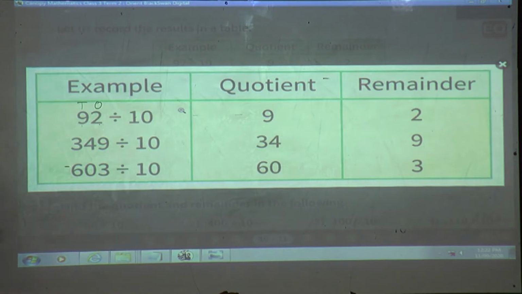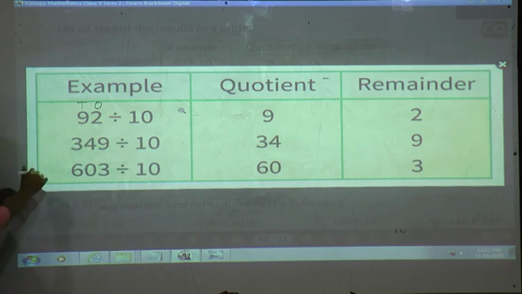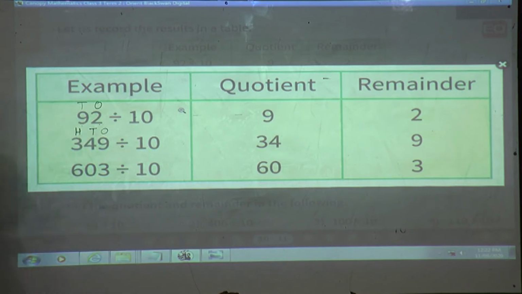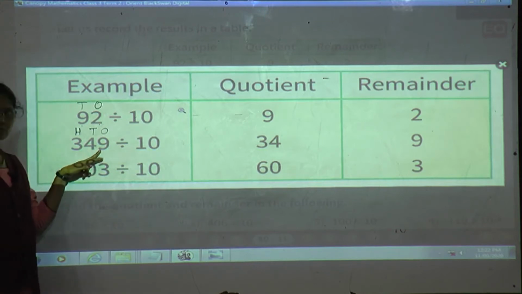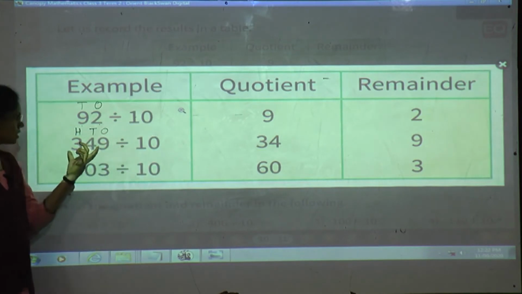Now the second example, 349 divided by 10. In this example, this is ones, this is tens and this is hundreds. If we divide any number by 10, the ones place digit will be the remainder.